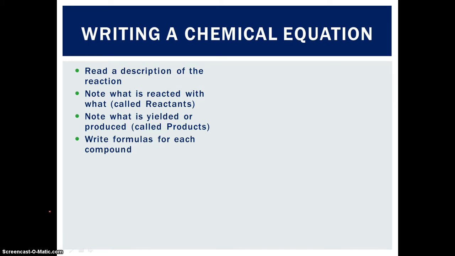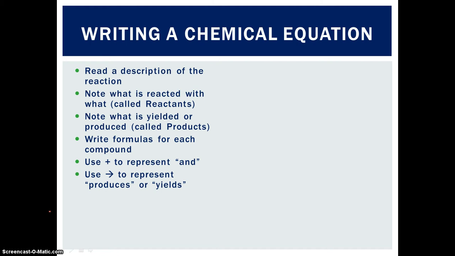You'll need to write the formulas for each compound, so take the name and write the formula following all of the rules that we learned in the last unit, deciding if it's an acid, ionic, or covalent, and following the set of rules that go with that type of compound. We're going to use the plus sign to represent "and" in the reaction when we have more than one reactant or product.